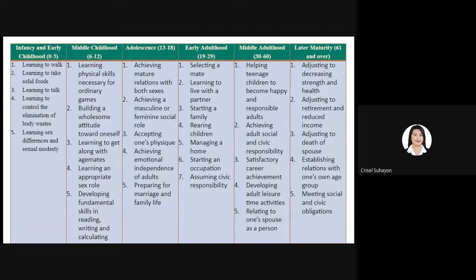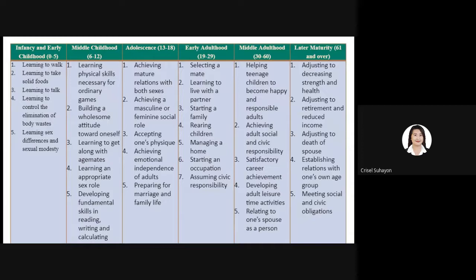And then we have middle adulthood, 30 to 60 years old: helping teenage children to become happy and responsible adults. So after choosing a partner and settling down with your partner and having children later on, you will become responsible parents. So that is one of your tasks. Then achieving adult social and civic responsibility.